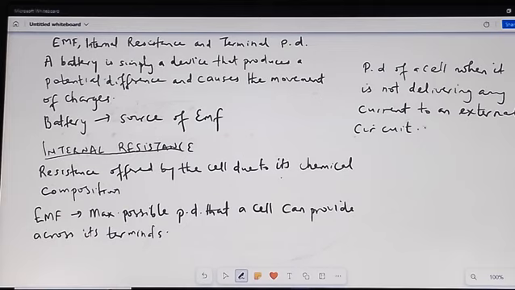That is another definition for the EMF of a cell. Or you can just simply say that the EMF of a cell is the voltage at zero current.